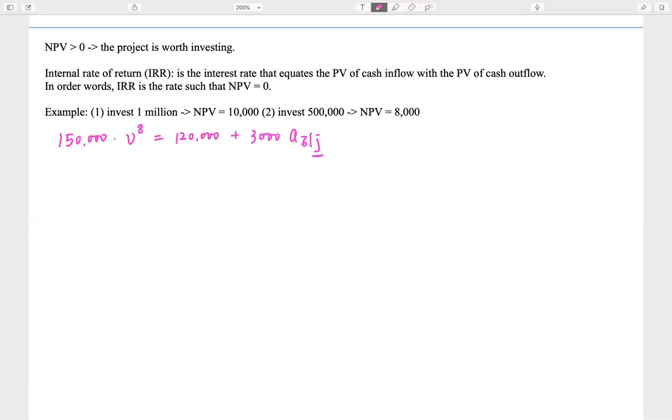Remember, J is the monthly interest rate, and obviously (1 + J) raised to the power of 12 would be 1 + I. So we discount, and that is how we get V. So V equals this. Now this is the equation about J, but it is in a highly nonlinear form. So let me rewrite it.